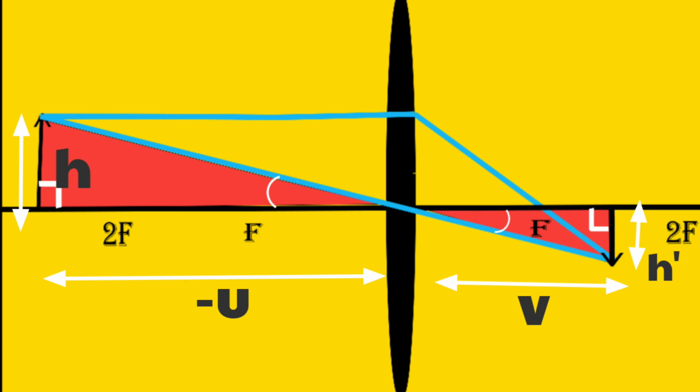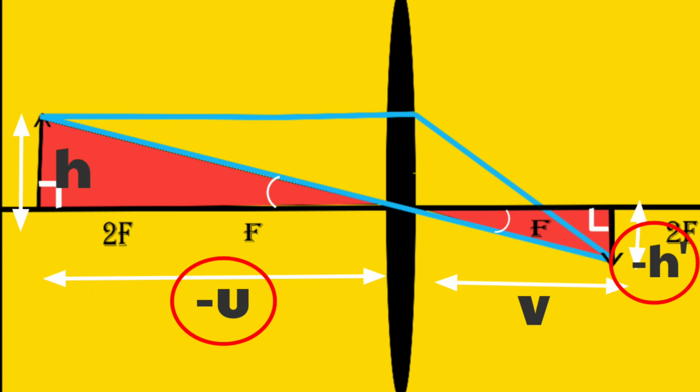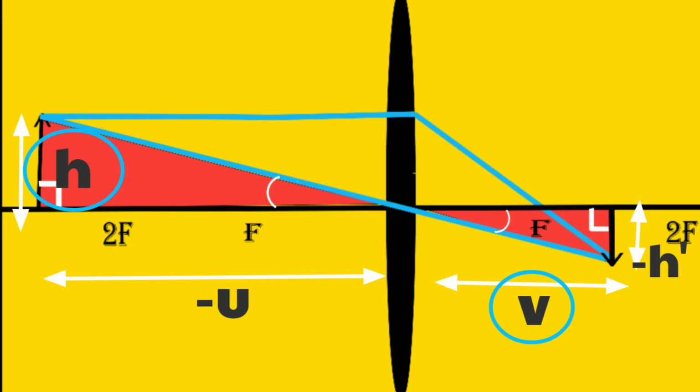And similarly, our image height is also negative. Why? Because it is inverted, it is going down, and we know that down is also negative, right? So that's what we can see here: the object distance and the image height both are negative, and the image distance and the object height are positive. Don't get confused here, it is very simple.